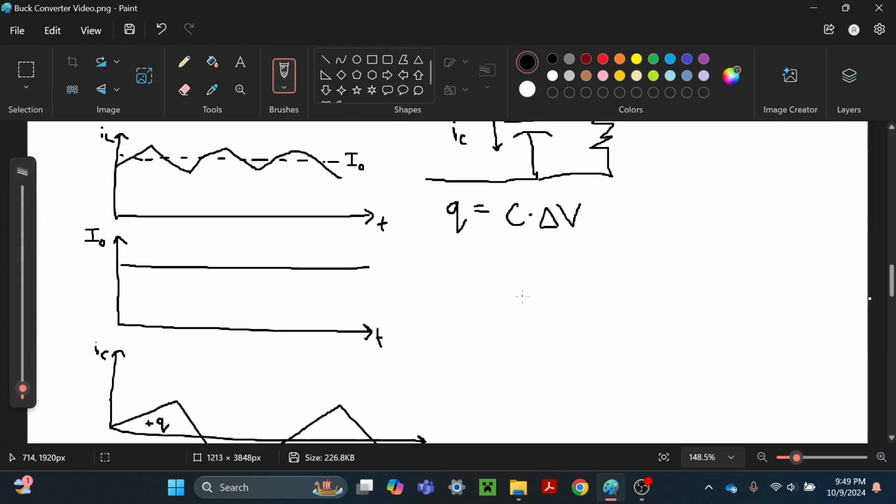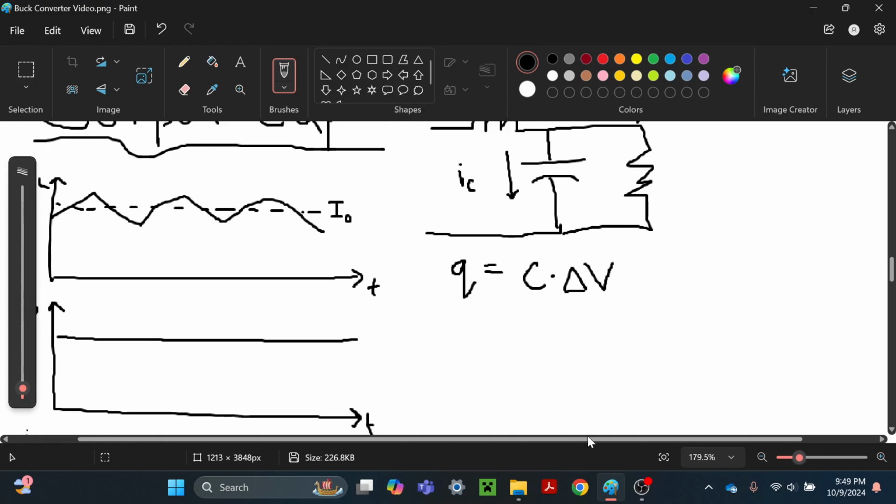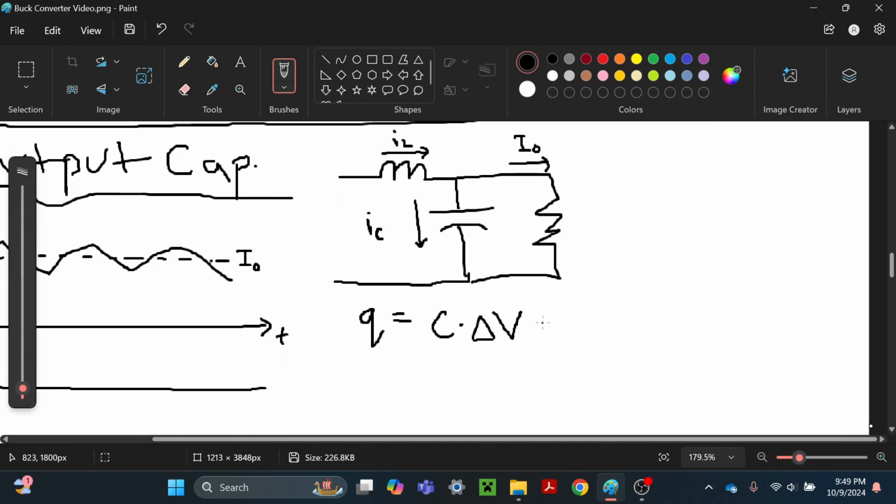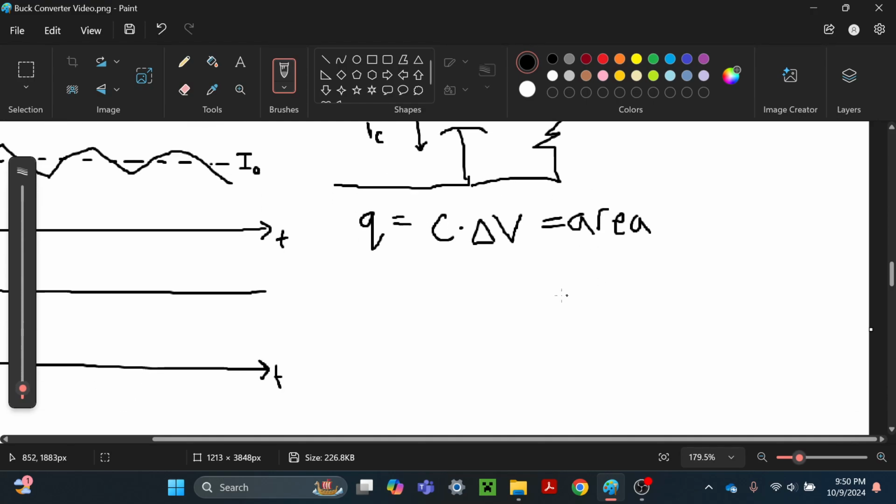So then, just by solving the geometry, this is going to be equal to that area under the curve of current versus time. So then we can get delta IL over 8 times the frequency.